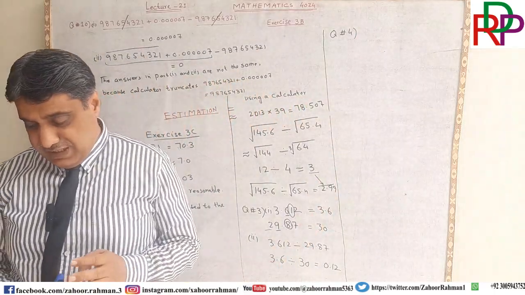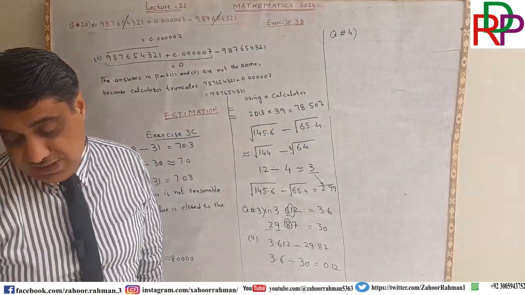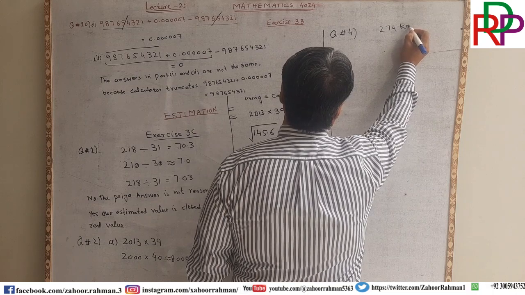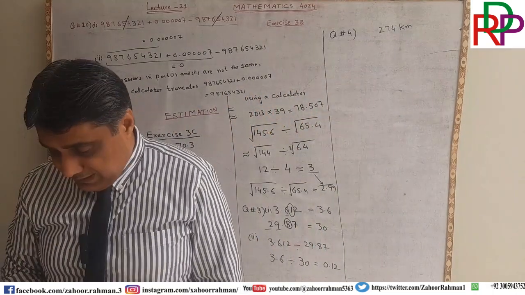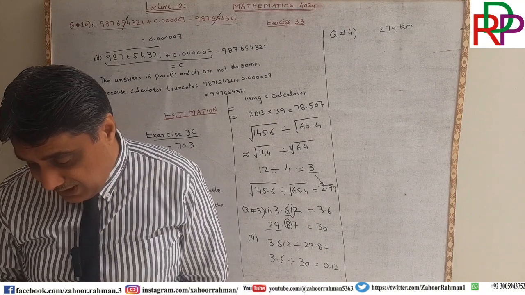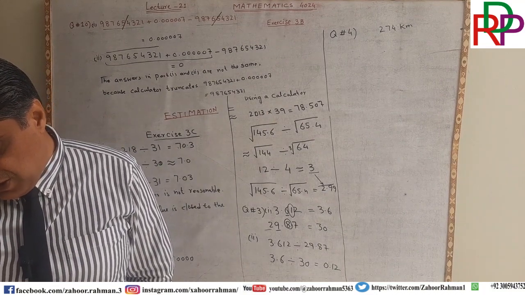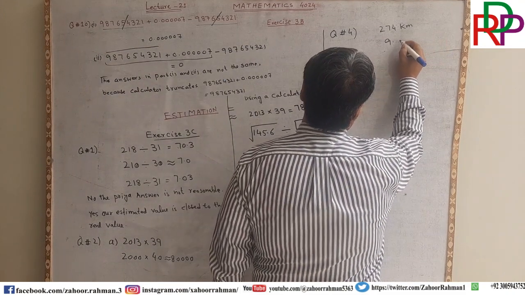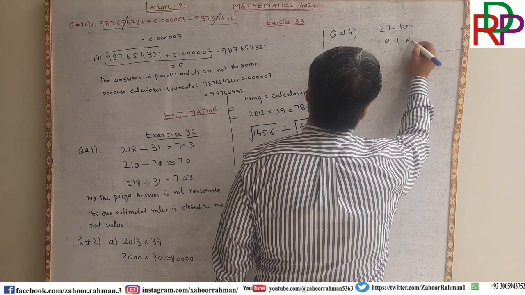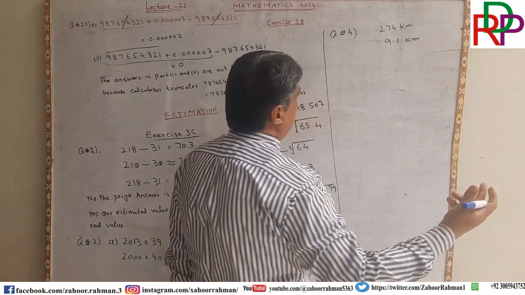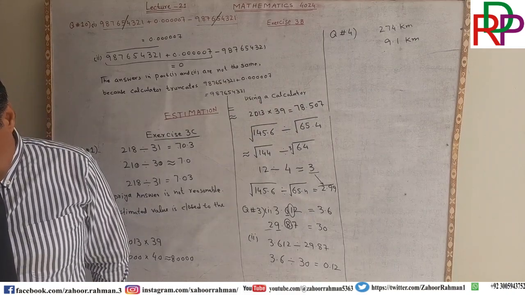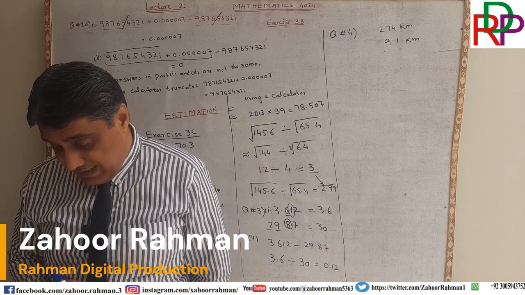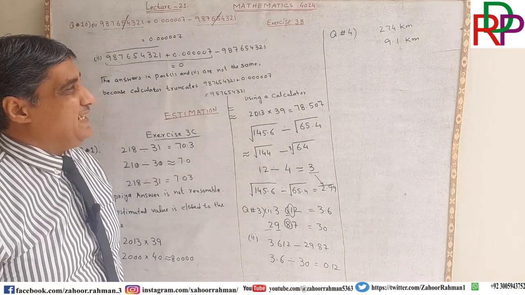Question number 4 is saying a car travels 274 kilometers. It travels an average of 9.1 kilometers on a liter of petrol. Write down a calculation you could do mentally to estimate the number of liters used.